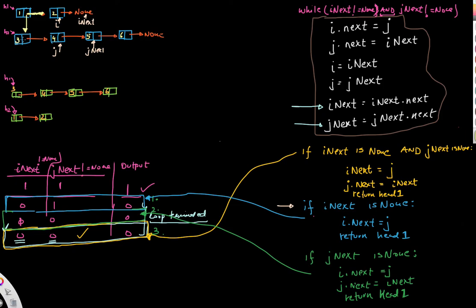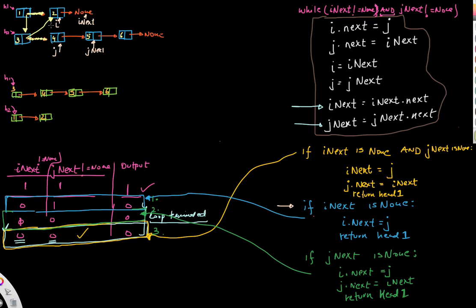And the next of the node with the element 3 would be pointing at the node with the element 2. This is the point when the loop terminates.